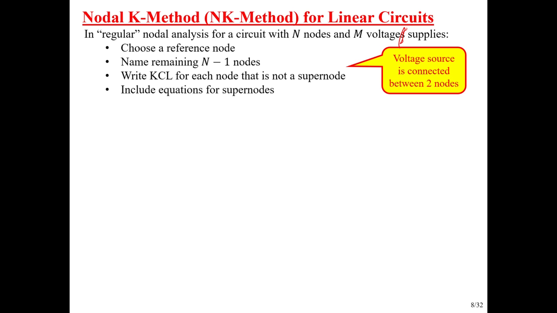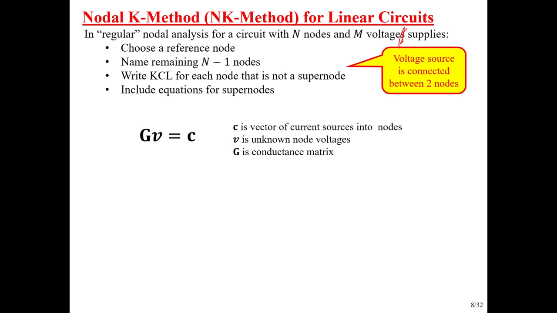So we can write VI minus VJ, that's the voltage at node I minus VJ, is equal to the value of the voltage source between them, taking care to get the right sign.